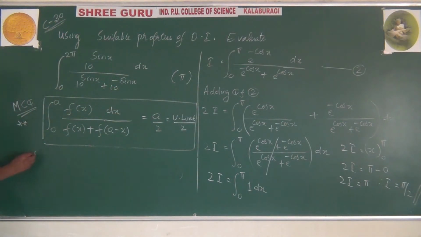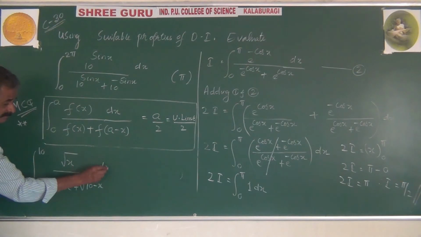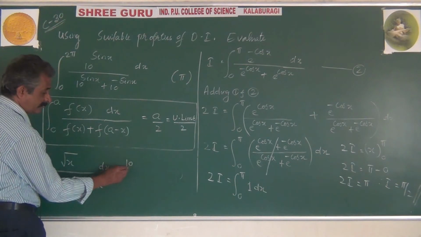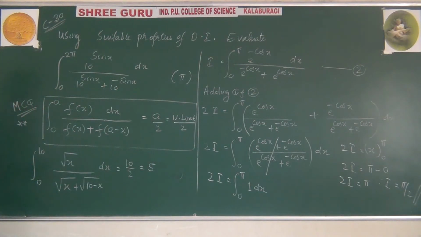Similarly, suppose we have integration 0 to 10 square root of x divided by square root of x plus square root of 10 minus x dx. As far as MCQ exam is concerned, directly the answer is a by 2, that is 10 by 2, equal to 5.